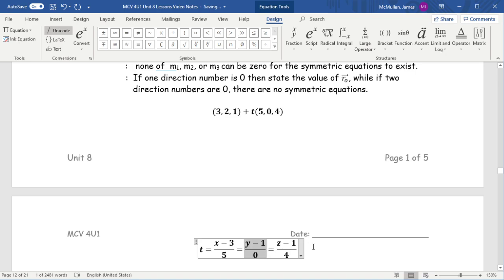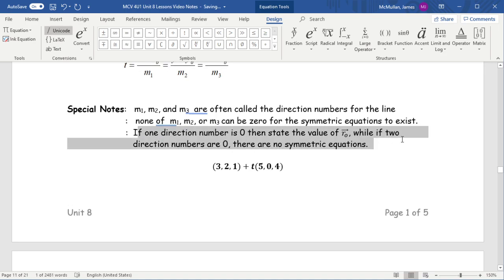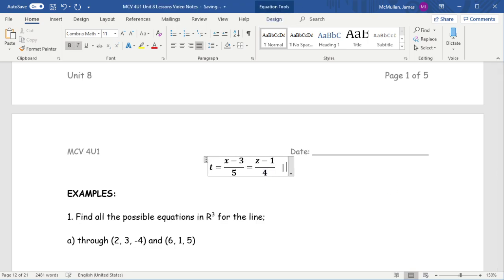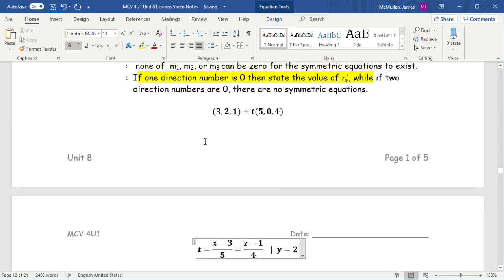Although, what you can do, and this is what they're talking about here, though it's not written especially clearly, is you could get rid of this, and then what you do on the side is you just say y is always 2, right? Because look at the equation.